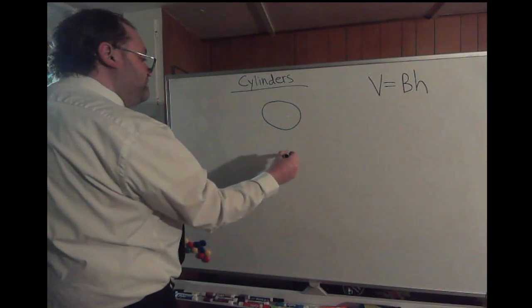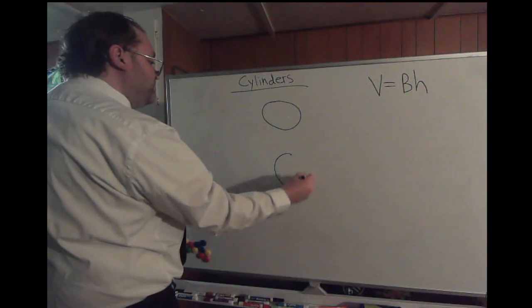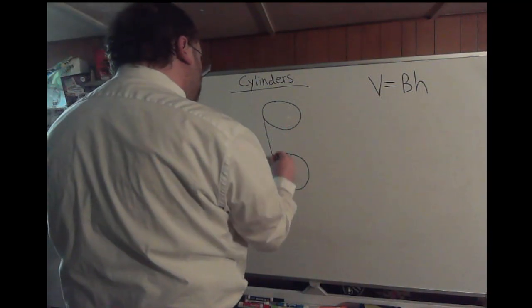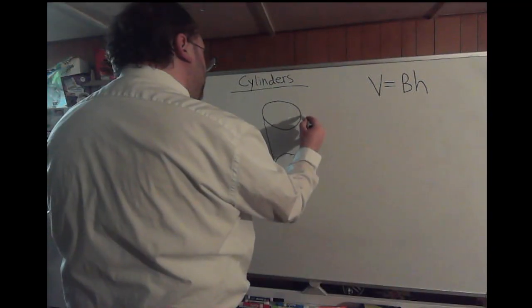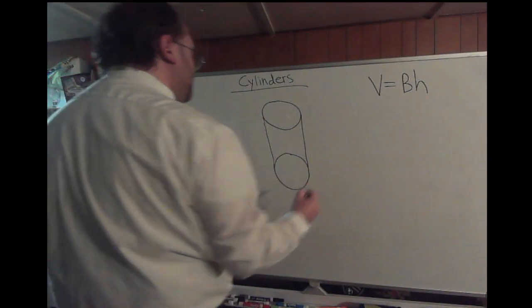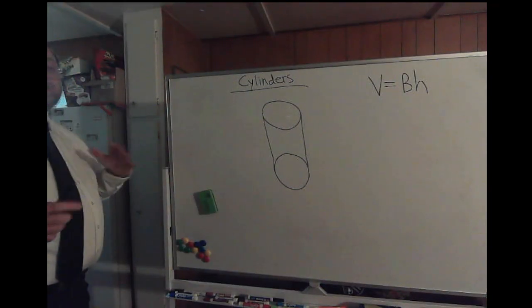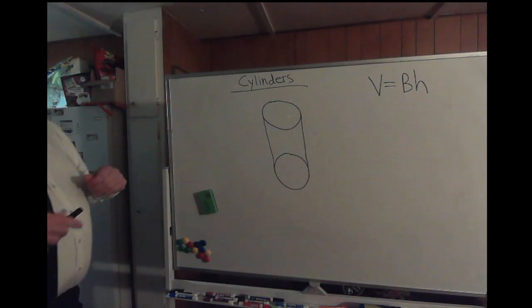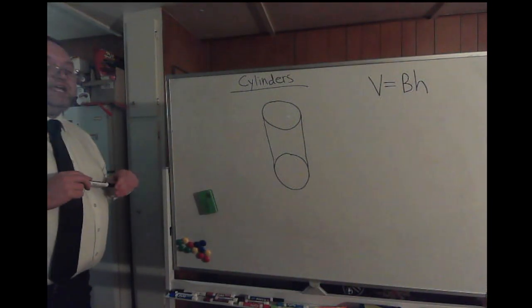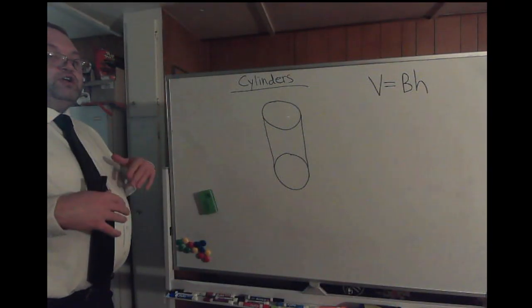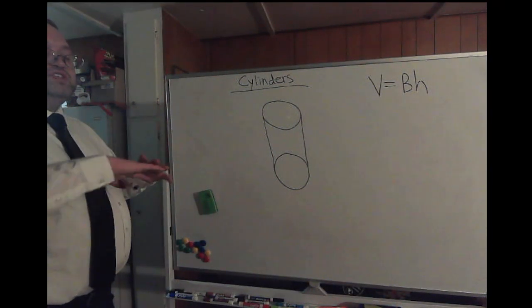So I'm going to draw a cylinder here to the best of my ability. Alright, so that's your cylinder. Of course, a classic example of a cylinder is a can. That's a great example of a cylinder, a can. Or even a bucket, where the top and the bottom both have the same diameter.